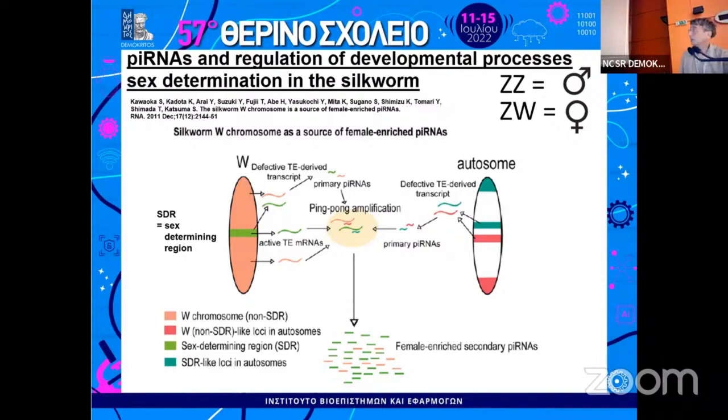Like all animal genomes, the silkworm genome has a lot of piRNA clusters that produce piRNAs. And also the W chromosome is very heterochromatic, it has a lot of heterochromatin, and it produces abundant piRNAs.